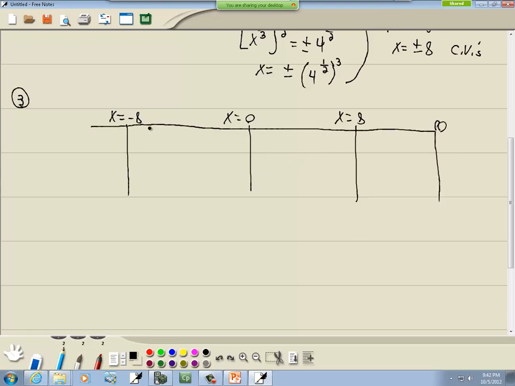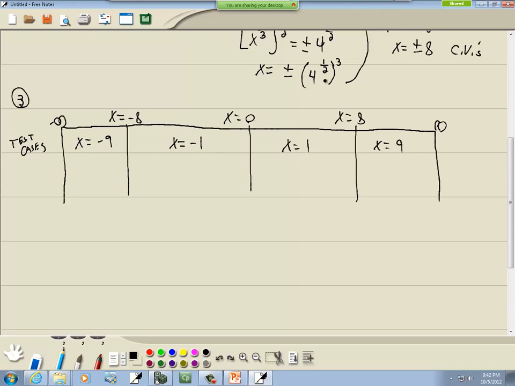Clear over here is positive infinity, and clear over here is negative infinity. Now we want to pick test cases. We want to pick a value between negative infinity and negative 8, like negative 9. Pick something between negative 8 and 0, like negative 1. Pick something between 0 and 8, like 1. And something between 8 and infinity, like 9.